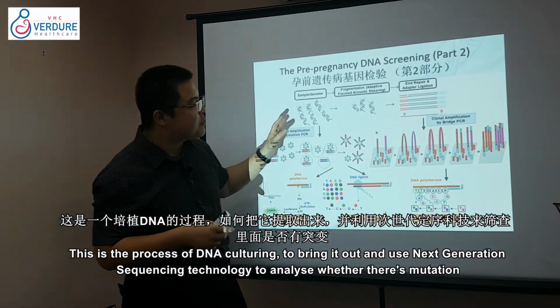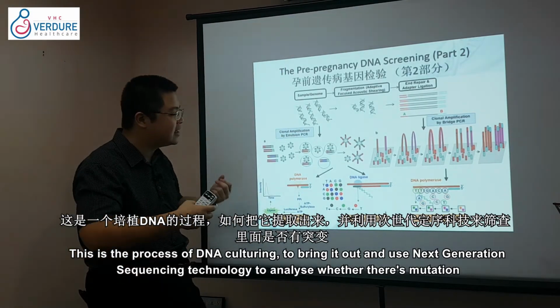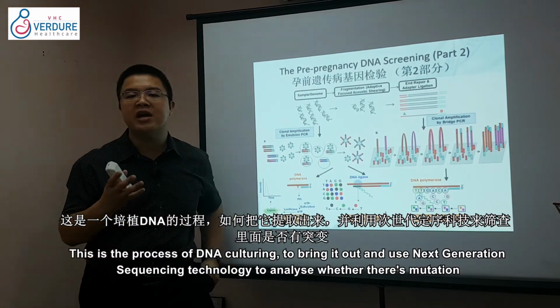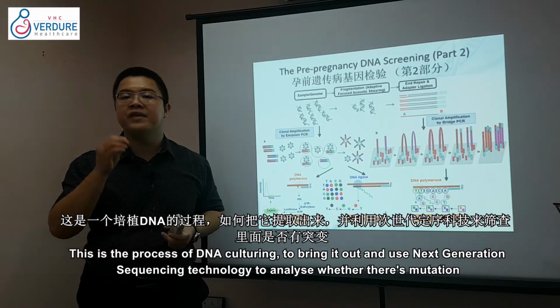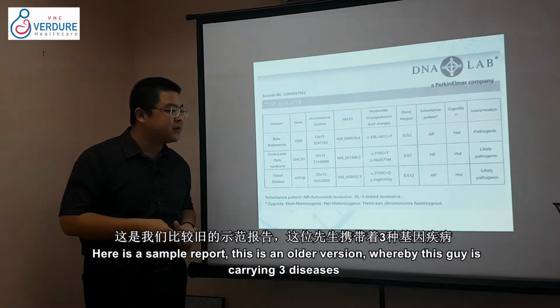So this is the process to culture the DNA, to bring it out, and only then are we able to use something called next generation sequencing to analyze whether or not there is a mutation.